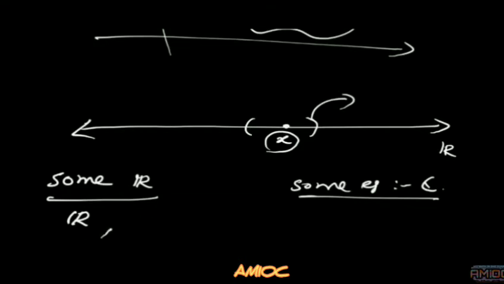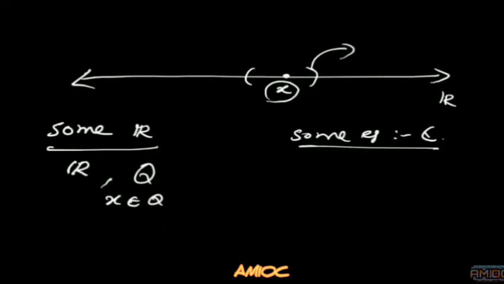Instead of R, if we are considering the set of rationals in the real number system, and let X belongs to Q be some point. What about X? Is X an interior point or not?